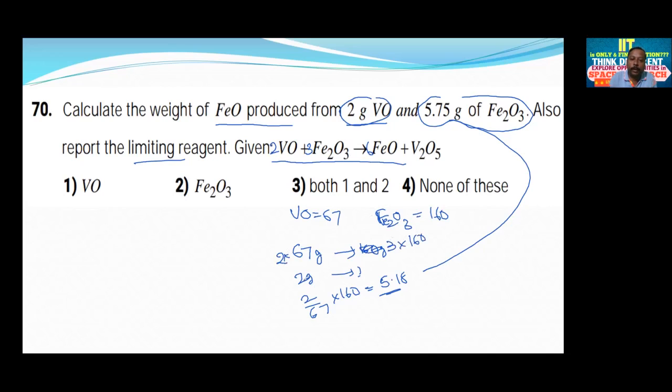Then you have to find out like this. So 2 by 2 into 67, 3 into 160. So this and this will get cancelled. Here the answer will be more than 5.75. The requirement will be more than 5.75. Therefore, Fe2O3 will be the limiting reagent. Fe2O3 will be the limiting reagent.